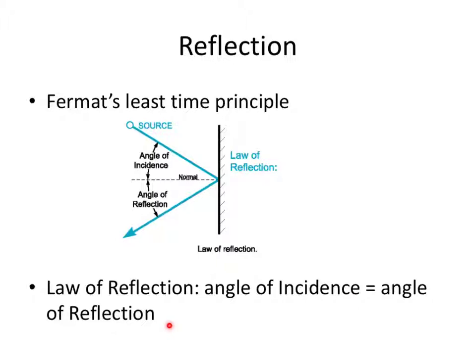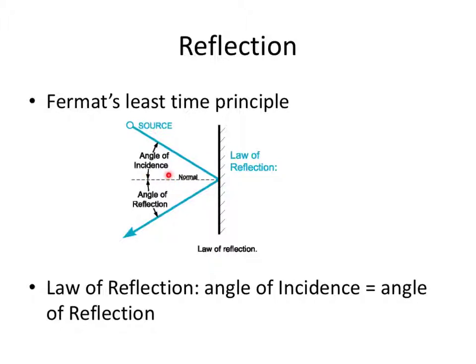Okay, so let's go back to this diagram. This is the mirror right here. Here is the source of light. This is kind of an imaginary line here that's called a normal that is at a right angle, perpendicular to the mirror itself. So the light, if it comes and strikes at this angle here, this angle that the light ray makes with the normal is known as the angle of incidence.